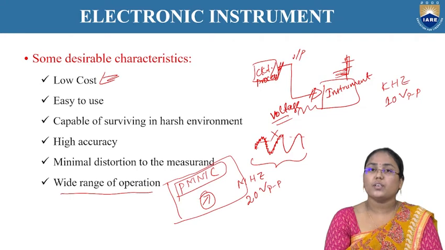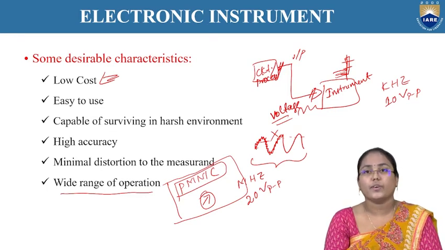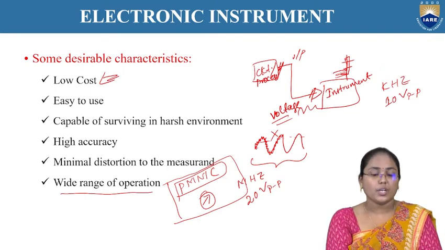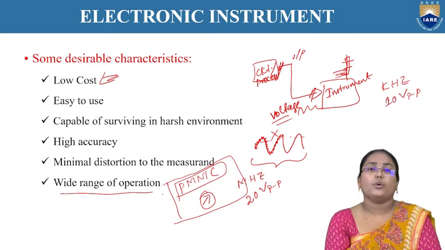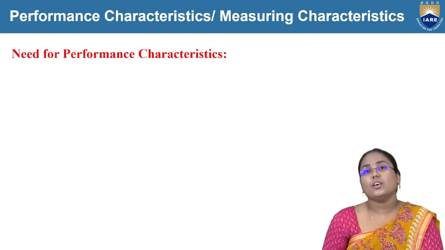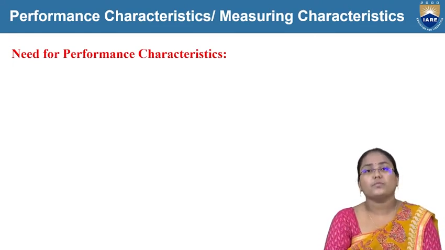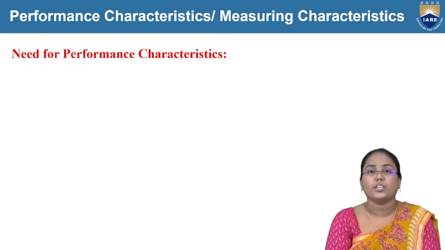That is, the instrument which we are going to measure with should have a low cost. It has to be easy to use, and next, capable of surviving in harsh environments. Next, it should have higher accuracy, minimal distortion to the measurand, and finally a wide range of operation. Now here, every time whenever we do some measurement process, we have to look at the performance characteristics or the measuring characteristics of the particular instrument.